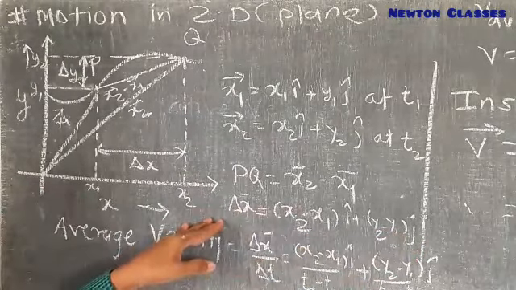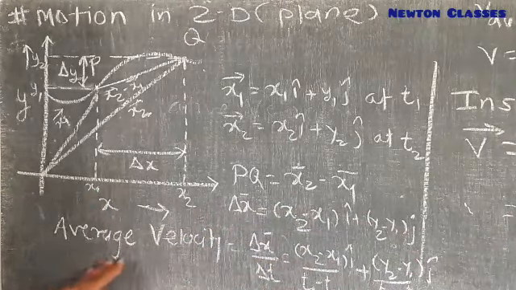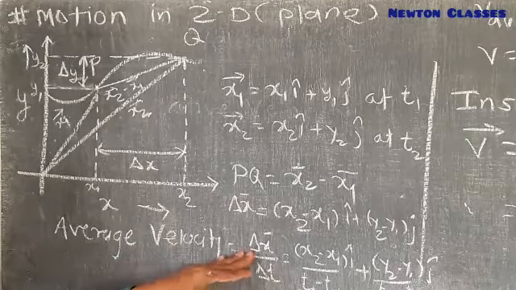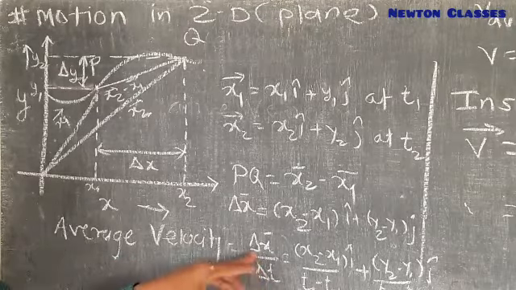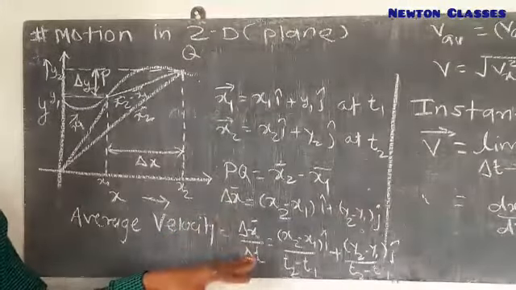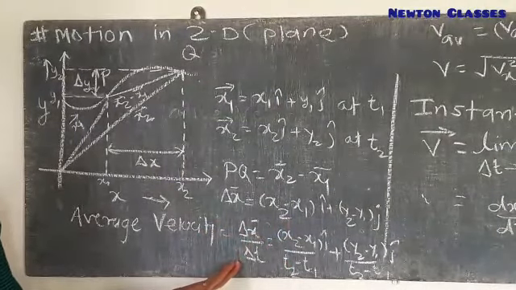Now we have to calculate average velocity. In the last lecture we studied average velocity. Average velocity is equal to change in displacement upon change in time. Here the change in displacement is delta x bar, and we divide this quantity by the change in time, t2 minus t1.